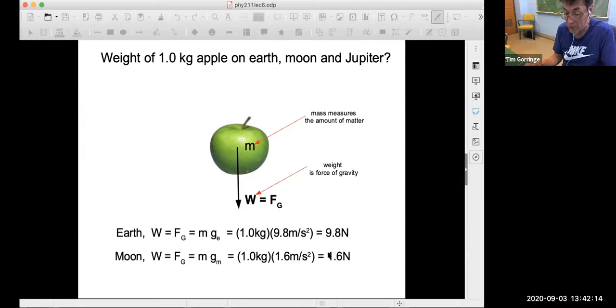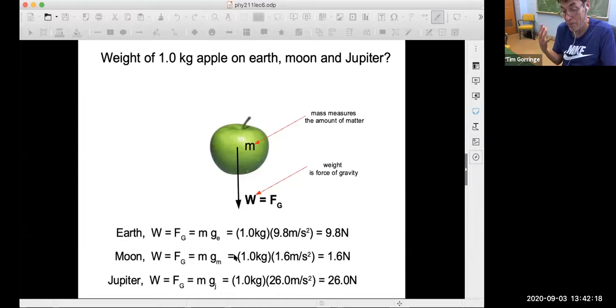On Jupiter, you probably know that Jupiter is one big heavy planet, and it has one big strong pull of gravity. So the weight of the apple on Jupiter is, again, the mass of the apple times the acceleration of gravity on Jupiter. So it's 1 kilogram times the acceleration of gravity on Jupiter. The captioning is now covering up the number, which I don't remember, for the acceleration of gravity on Jupiter, but here's 26 newtons.